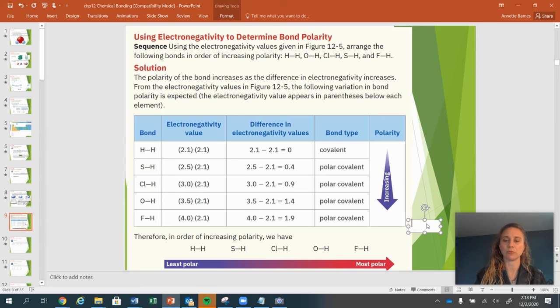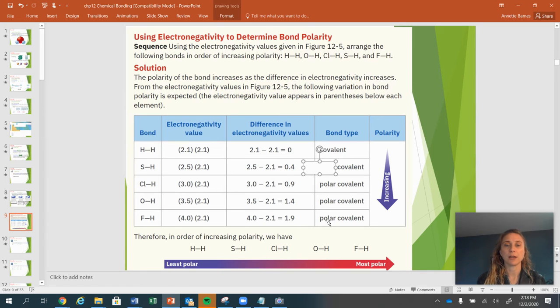Because that was 0.4. So let's just call that one a non-polar covalent. All right, so chlorine and hydrogen, they have a difference of 0.9. That's going to be in the polar covalent range. That's greater than 0.4. And then oxygen and hydrogen, that difference is going to be 1.4.